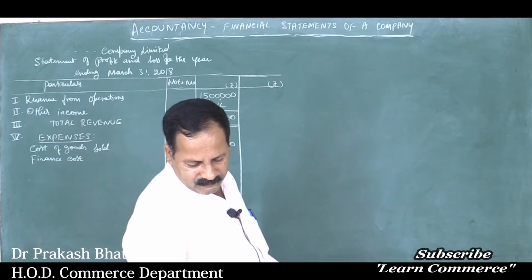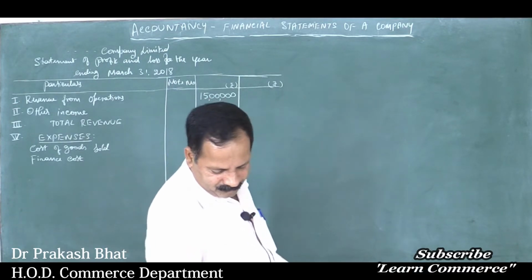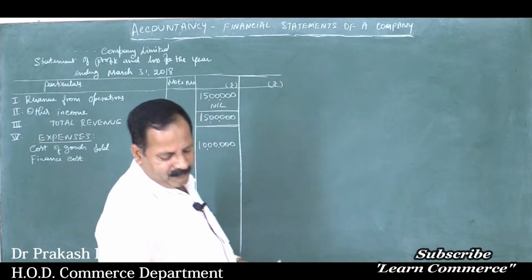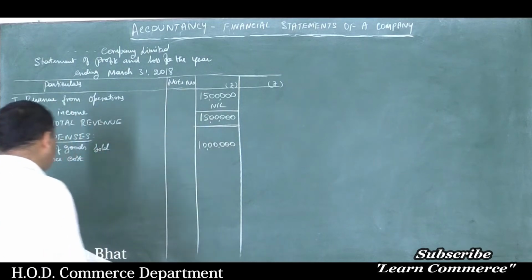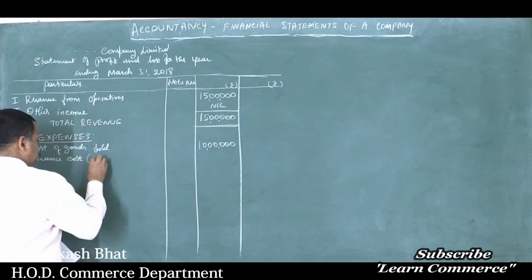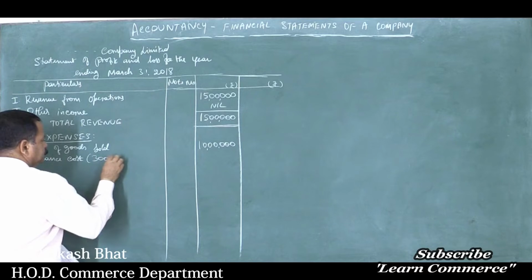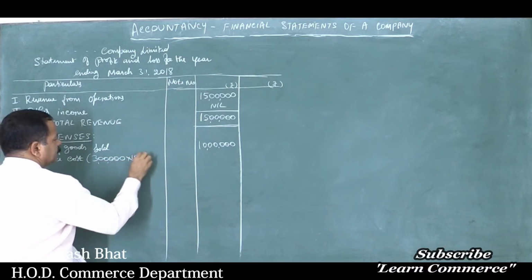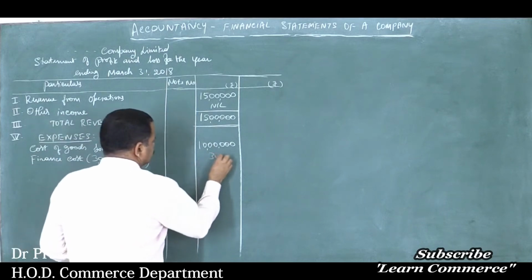Debentures were purchased on the first day itself, 10% on 3 lakh, 30,000.